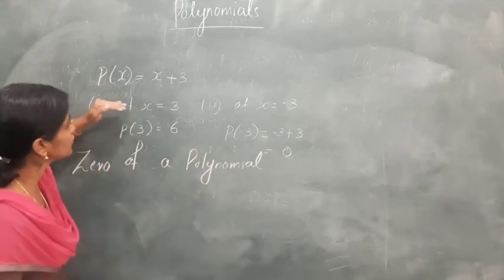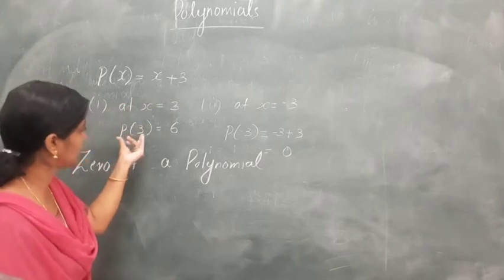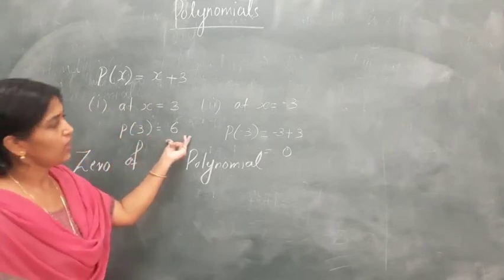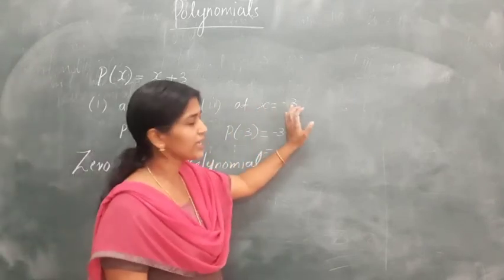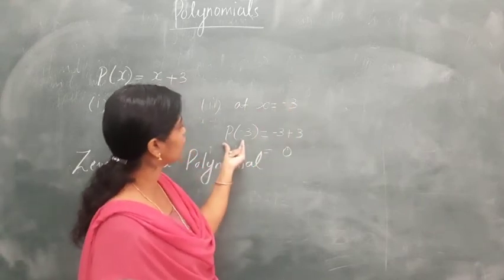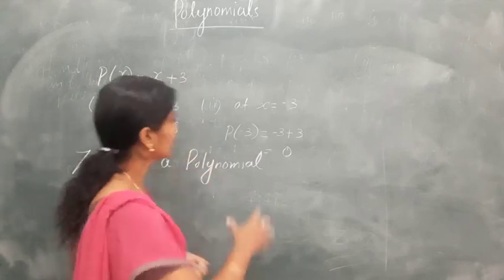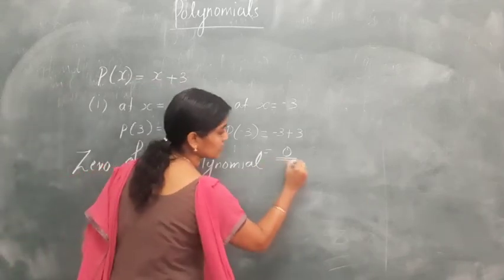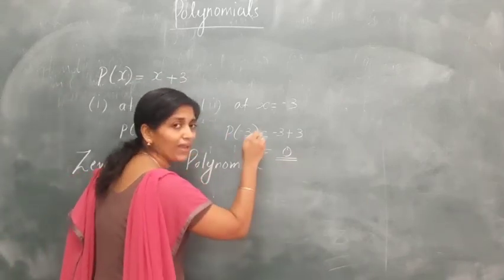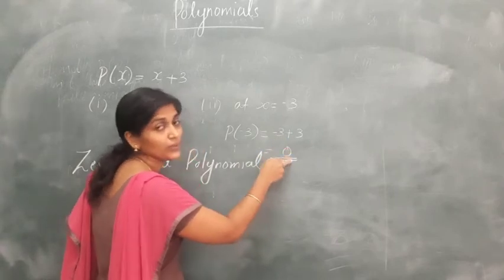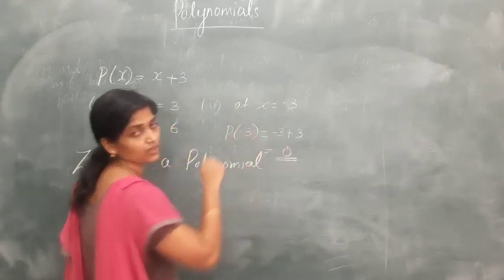When you get the value of x as 3, we got the polynomial value equal to 6. When you get the value of x as minus 3, you got the polynomial value p of minus 3 equal to 0. So here you got the polynomial value as 0 when you give the value of x as minus 3.